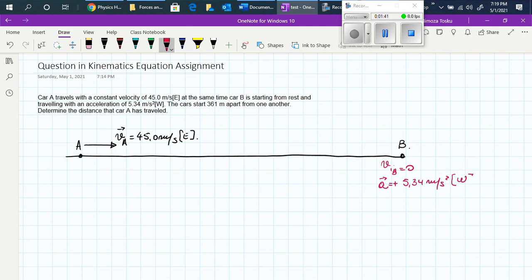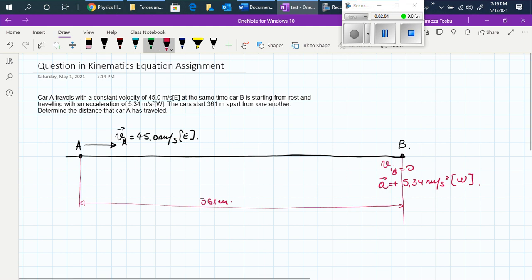going in the west direction. Now the distance between car A and car B is 361 meters, and they start at the same time and will meet somewhere. Let's suppose the point where the two cars meet is this point here.